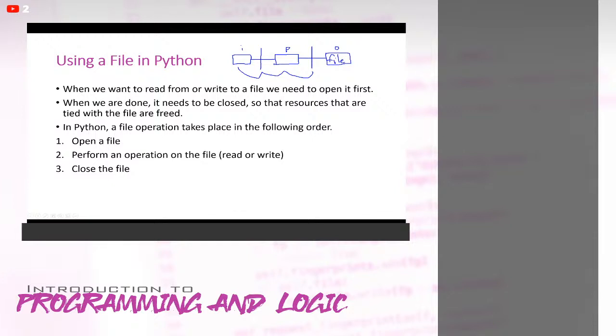And we can see that mimicked here in terms of the flow of execution for our Python file operations. We open the file, we take the input, we perform an operation on the file, we process the file, whether it's reading or writing or what have you, and then we close the file.